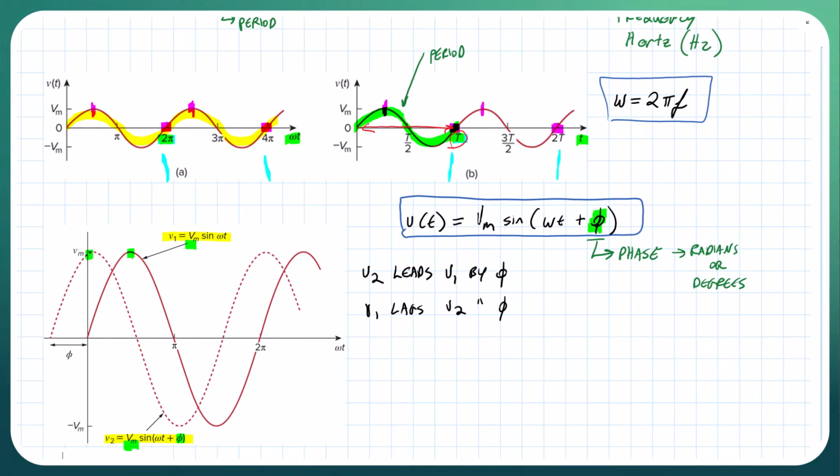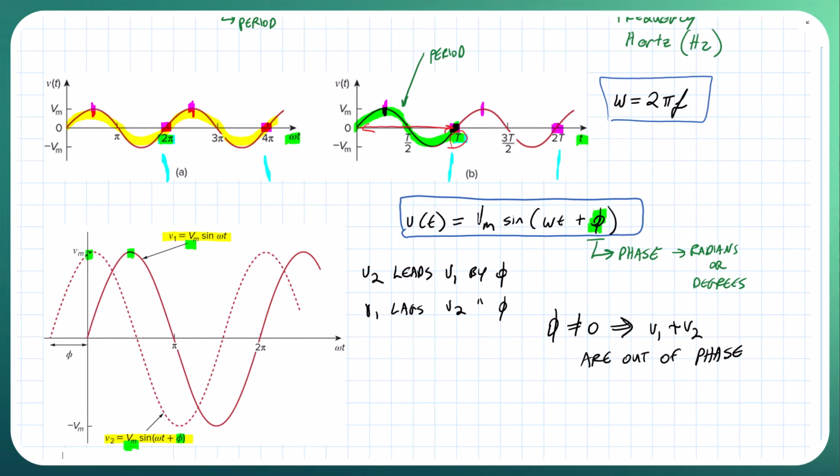So when phi does not equal 0, V1 and V2 are out of phase, or there's a phase shift. Again, some standard definitions to consider as we move forward with sinusoids, and we look at the relationships between the two when we're doing signal analyses.